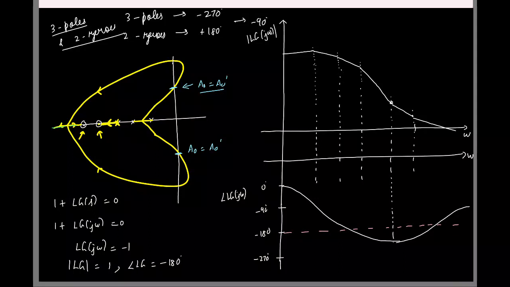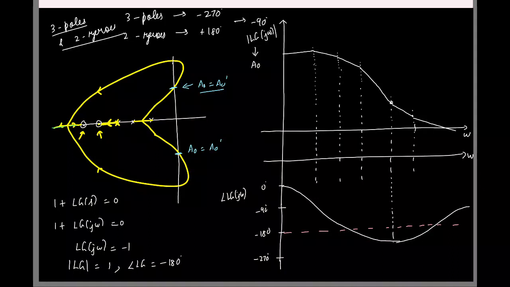If I change the DC gain A0, how do you think the magnitude and the phase plot will change? This is basically a loop gain evaluated at some DC gain A0. Let us say I keep changing A0. How will the two plots change, magnitude and phase? Magnitude will change, phase will not change.